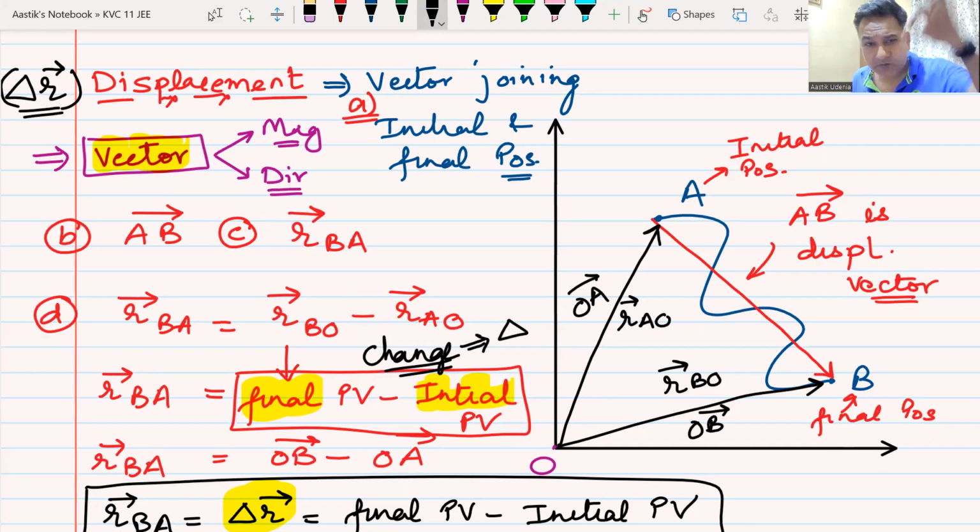So delta R vector means change in position vector, and change in position vector means displacement vector. So everyone has noted this down? Yes or no?